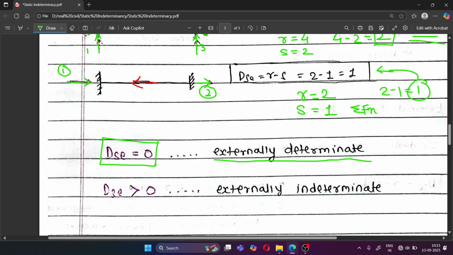And if it is greater than 0, then we call it externally indeterminate. Means using conditions of equilibrium, I am not able to determine all the external reactions. That's why we call this an externally indeterminate beam.